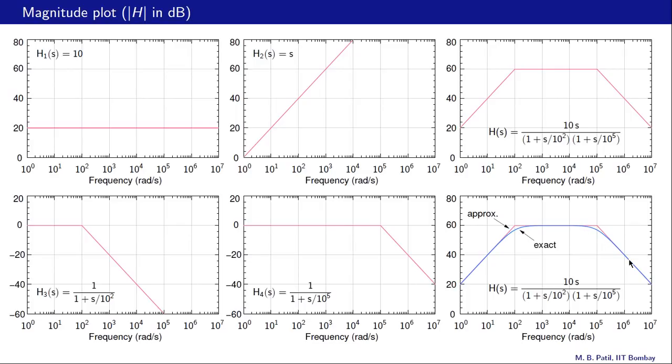What we do is start at some omega, let's say this value, substitute that in this expression, find mod of H. That gives us one data point. Then we go to another data point and so on. And after we get a sufficient number of points, we join those. So that is how this exact magnitude plot is obtained.